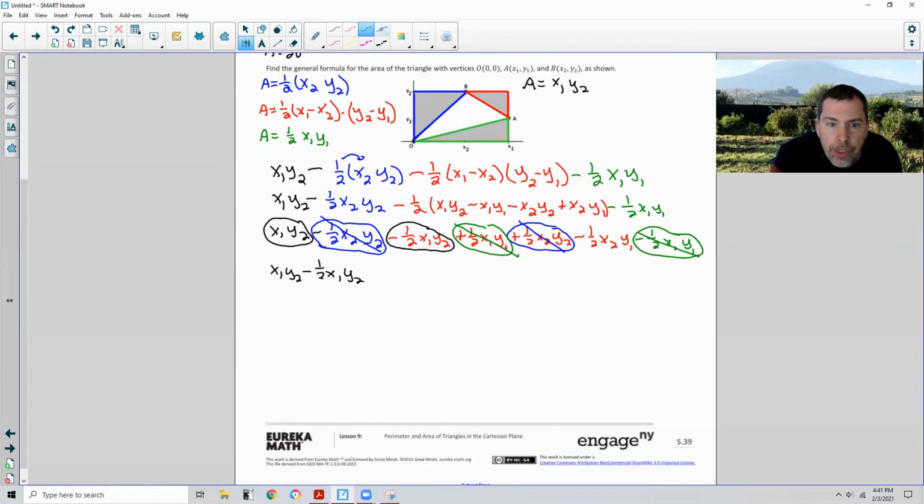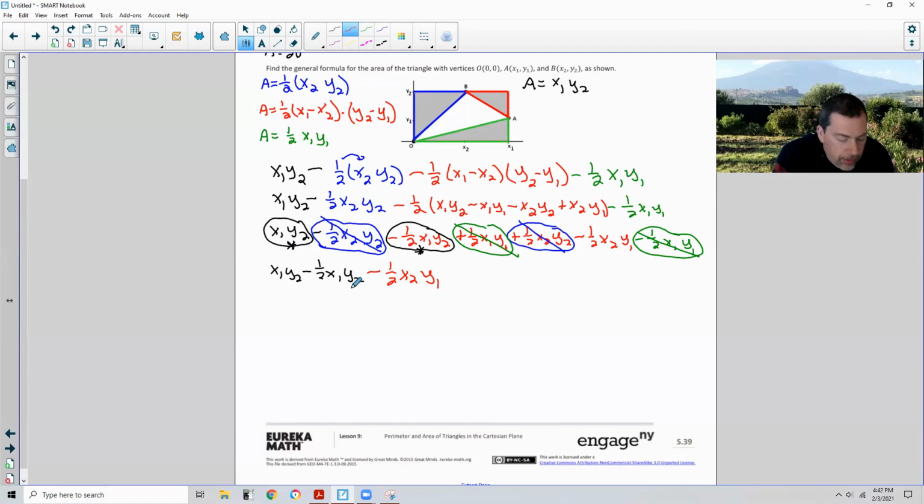Now I'm left with simply 1/2 x sub 2, y sub 1, and these two, which I've already done. This one here and this one here are right here. And now I'm going to just write minus 1/2 x sub 2, y sub 1. Okay.